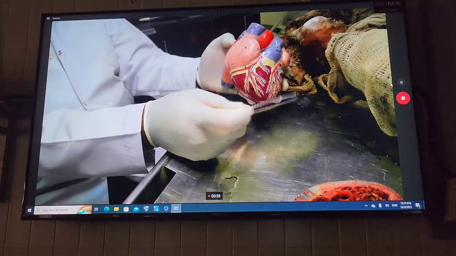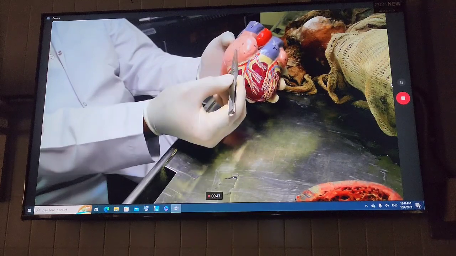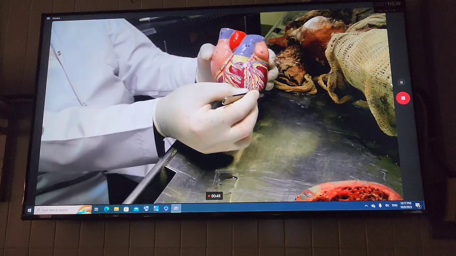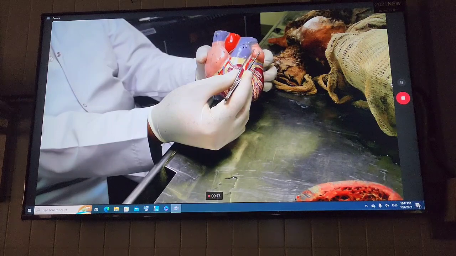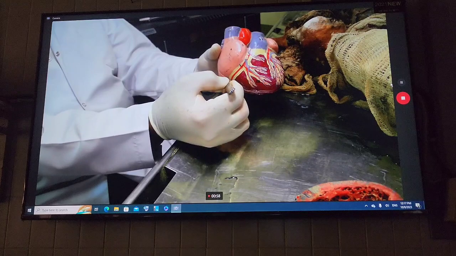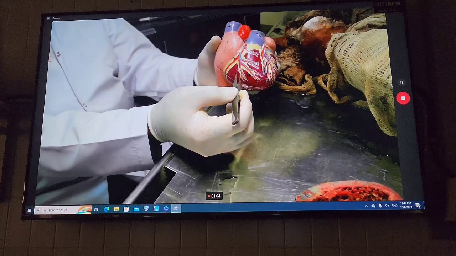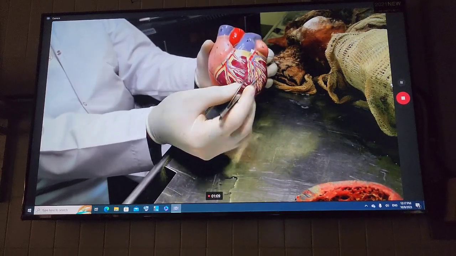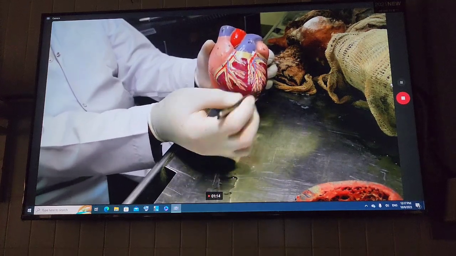At that aspect, I must say that the right border of the heart is formed by the right atrium, and the left border of the heart is formed by the auricle of the left atrium and left ventricle, and the inferior border of the heart is formed by the right ventricle and left ventricle. I can see here, between these borders, the anterior surface of the heart.